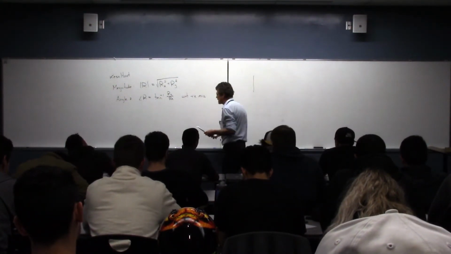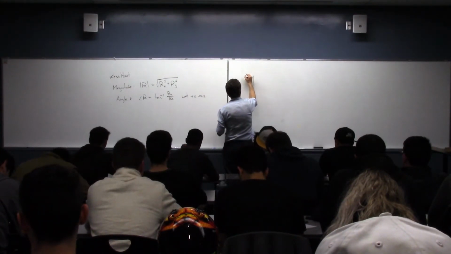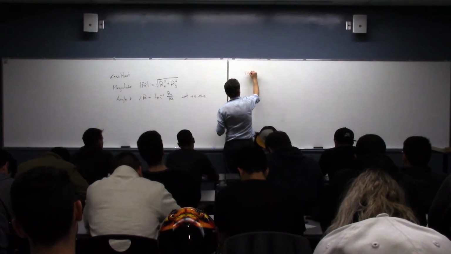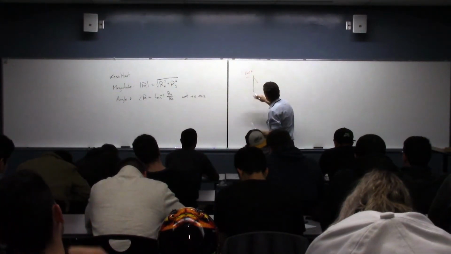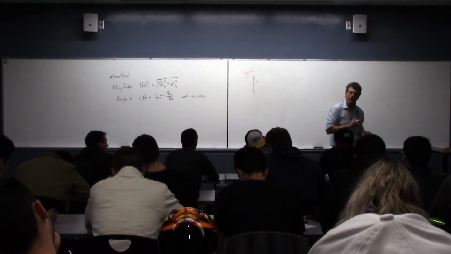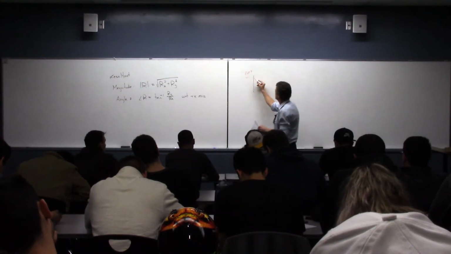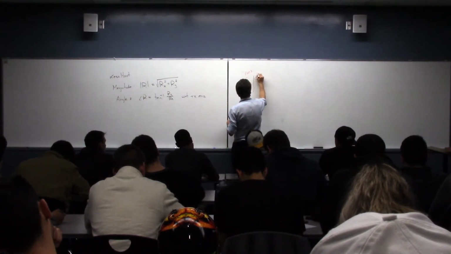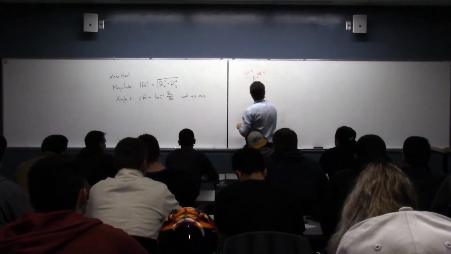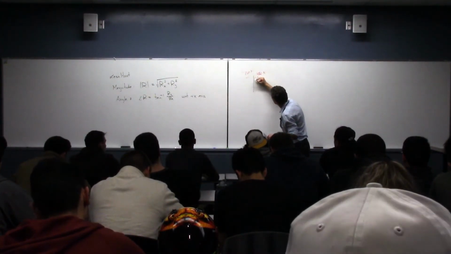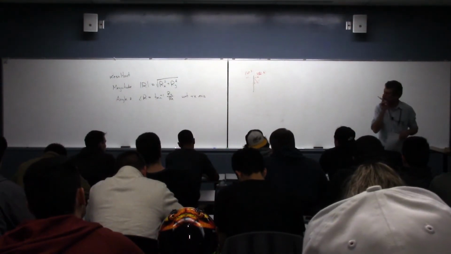So my pole is like that, and I've got a 720 Newton force on it. To keep the pole from toppling over, I'm going to have this cable here, and I want the component of that cable to be 720.